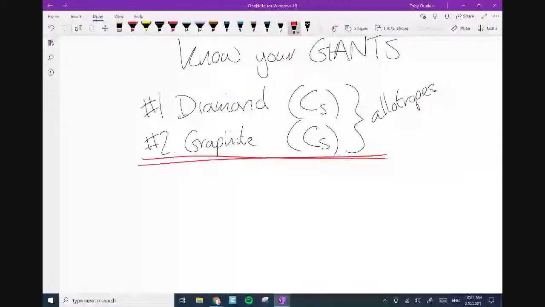Number three is sand, otherwise known as silica, otherwise known as silicon dioxide, otherwise known as quartz. Isn't that crazy? That's SiO2: silica, sand, quartz, silicon dioxide.